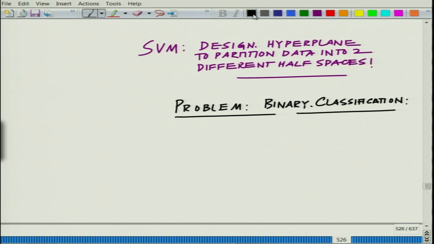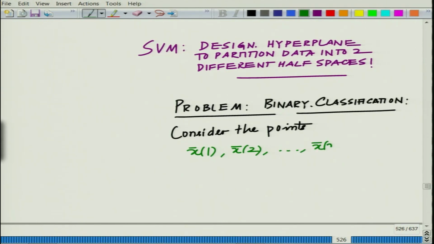Let us consider m points, which is our training set, and we have the corresponding classes for these m points. Sorry, these are not y bar, but just zeros and ones, so these will be scalar quantities.